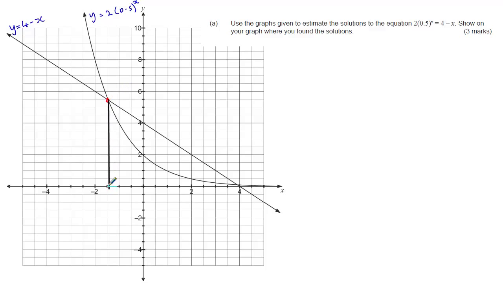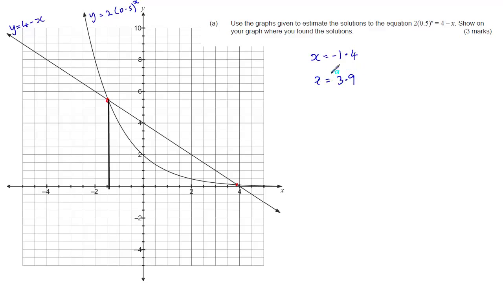So if we come down there, that's just before -1.5, so say -1.4. And then the other one would be about here, so just before 4, so that's 3.5, so I'm going to say that that's about 3.9.